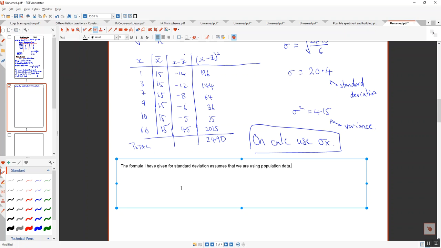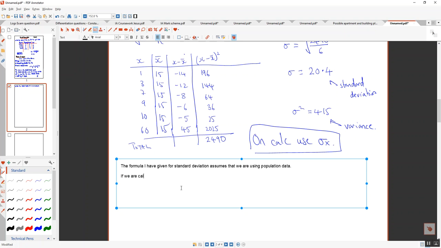So if we're looking at a population, this is the formula that I would use. Why would you use something different? Because you need to account for the fact that you're using a sample. Your sample standard deviation is going to be slightly different to your population standard deviation.